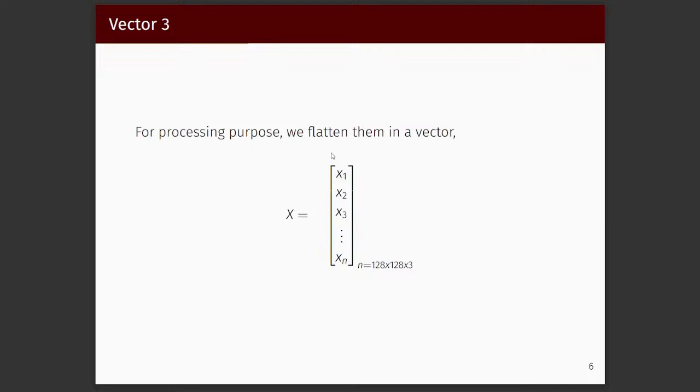It is a one column and n row matrix where n is 128 times 128 times 3. So basically, it is the total information that the image has in one simple column vector.